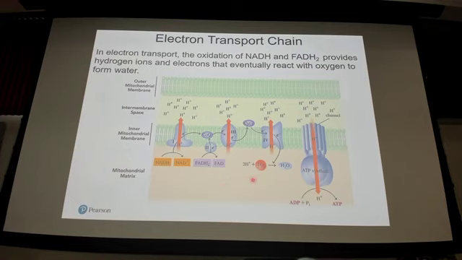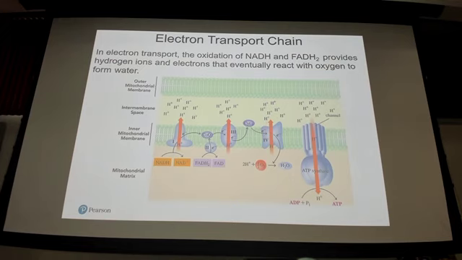They're going to eventually go through complex 4 into that space. So what happens when the electrons are transferred from cytochrome C to complex 4, that is going to transiently negatively charge the complex, causing a conformational change. So any floating protons are going to want to go through this channel here.